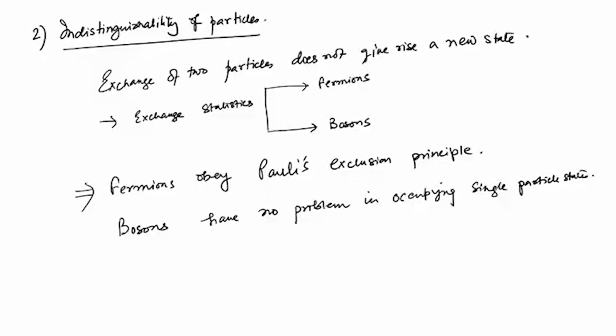So, they will all be part of our discussion of statistical mechanics. We just want to mention it here. So, fermions obey Fermi-Dirac statistics, and bosons obey Bose-Einstein statistics.